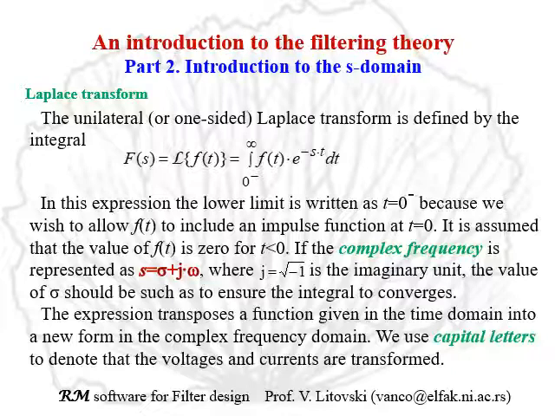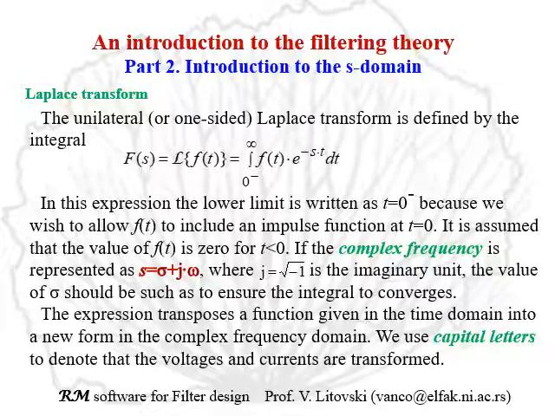The unilateral or one-sided Laplace transform is defined by the following integral, where f of t is the function which should be transformed, and F of s is the transformed representative.